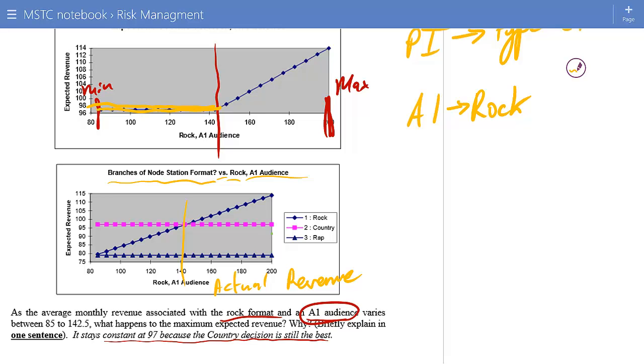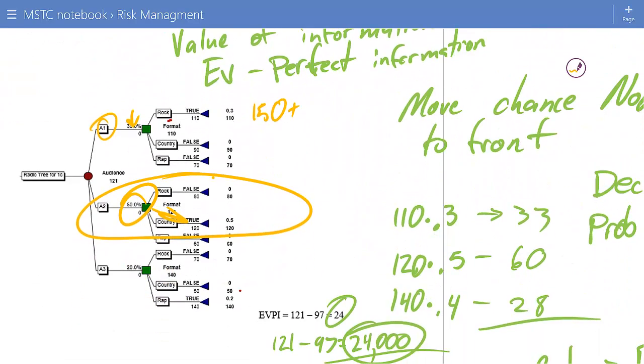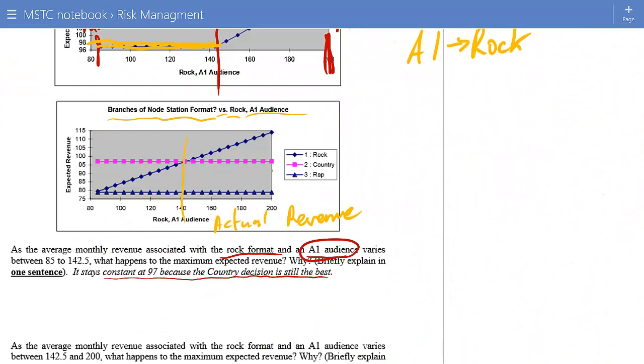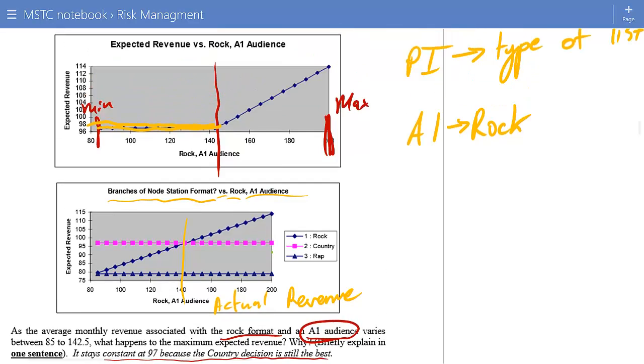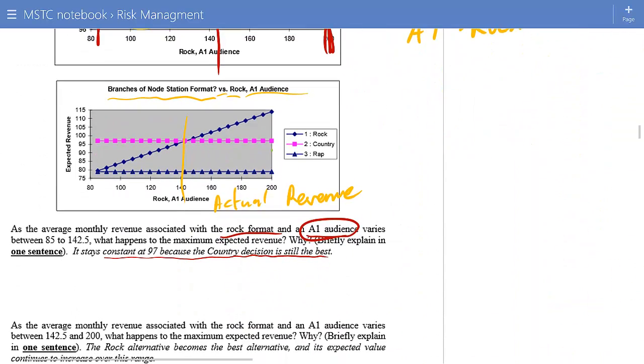He's basically saying that if you do sensitivity on A1 audience with the rock format, 110 is your average, your low value is 85, and your high value is 142.5.